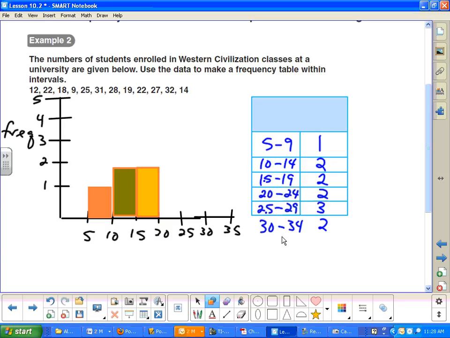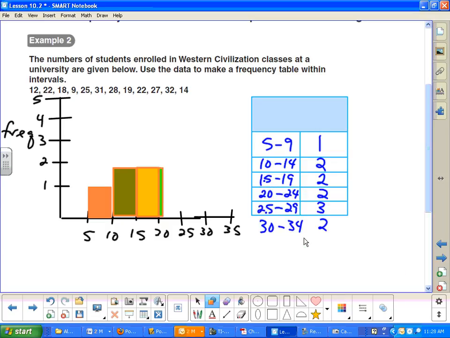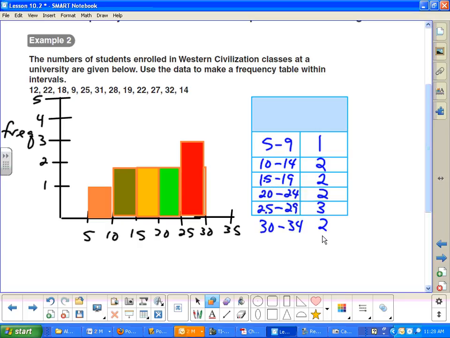From 20 to 24 is 2 also. 25 to 29 is 3. And 30 to 34 is 2. Those should all be touching when you do them.